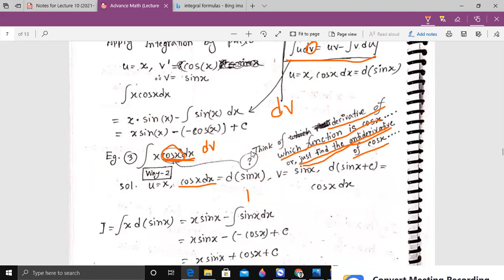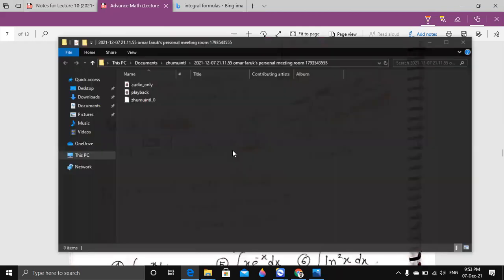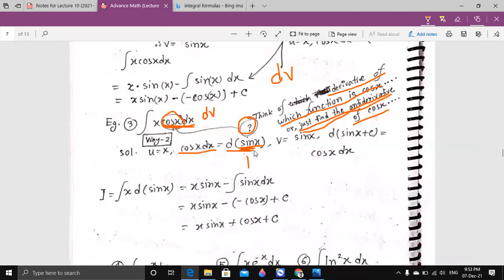That means we have to find this value, and to find it we just find the antiderivative of that function. So we write d sin x instead of cos x dx. So here our v is equal to sin x.